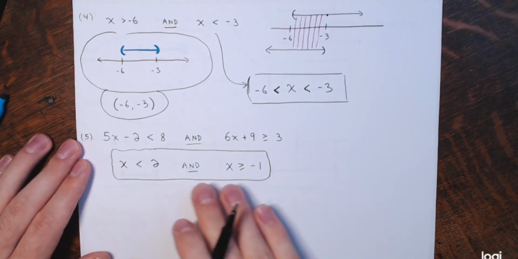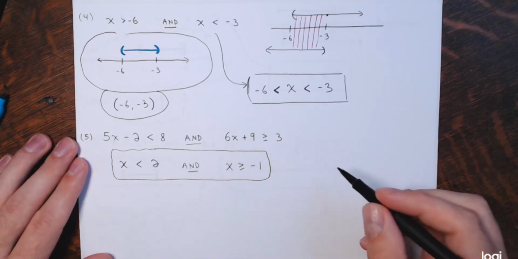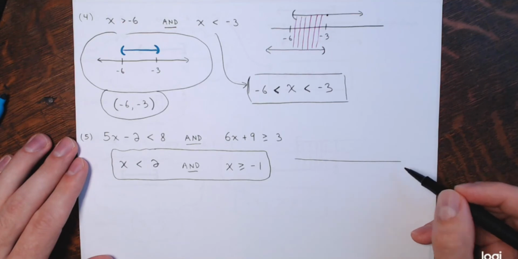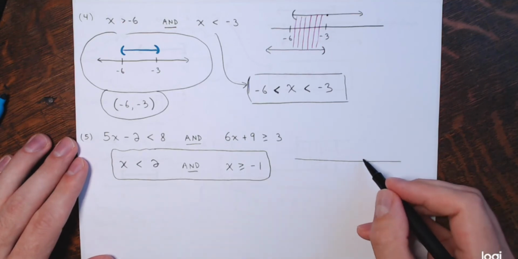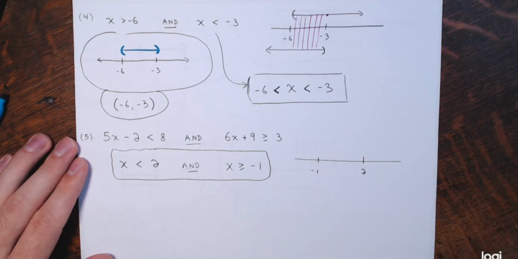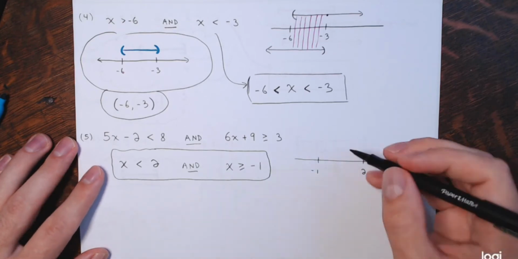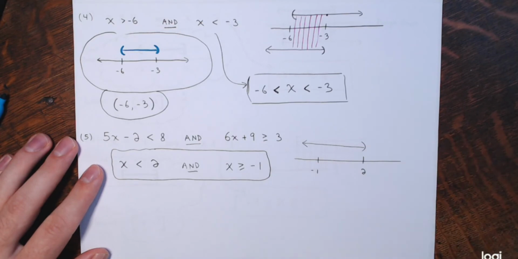I may be able to write this in a different way, maybe as a connected inequality. Let me make a rough graph off to the side. The numbers mentioned here are positive 2 and -1, and -1 is to the left of 2 on the number line. X less than 2 is all the numbers left of 2, but not including 2.